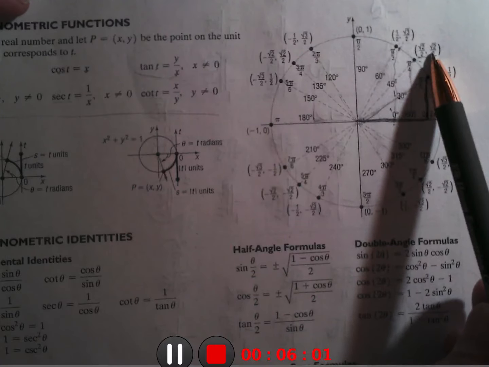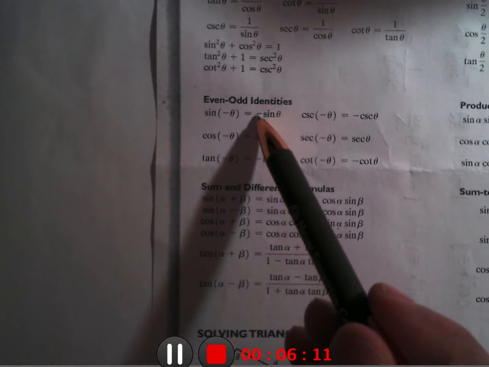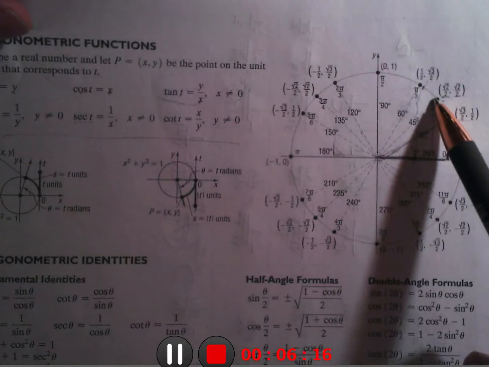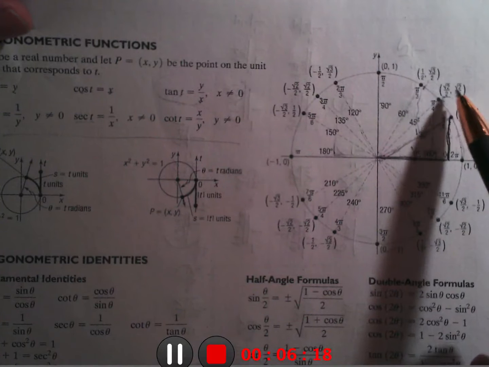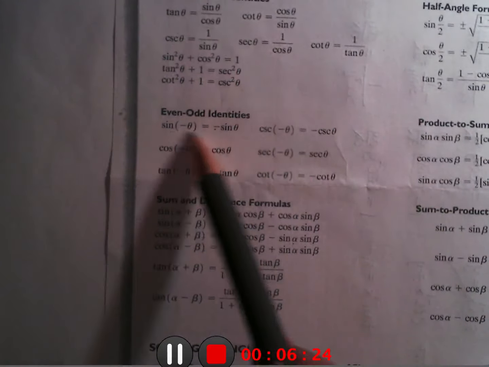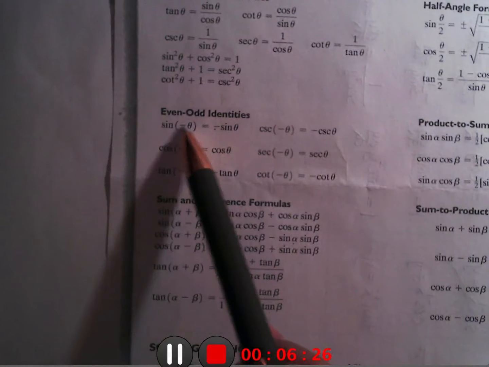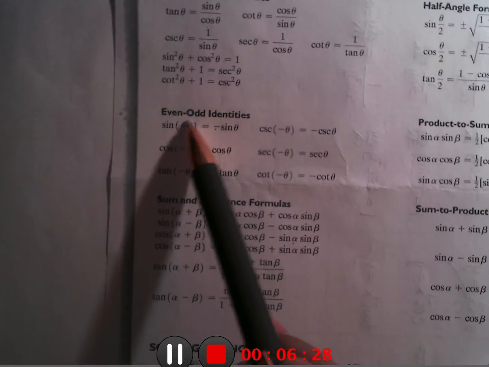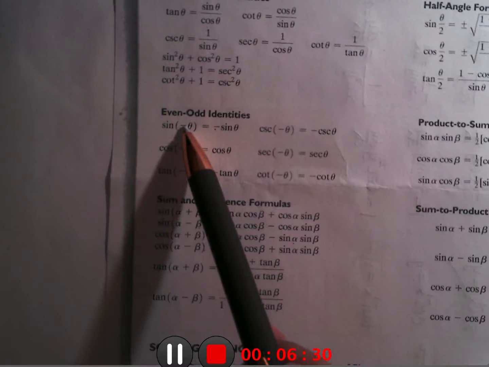If I go negative 45 degrees, it's negative square root of 2 over 2. So the sine of the negative of an angle is the same as the opposite of the sine of the positive angle. So we call sine an odd function because if you change the sign of the argument, from a plus to a minus, it changes the sign of the whole function.